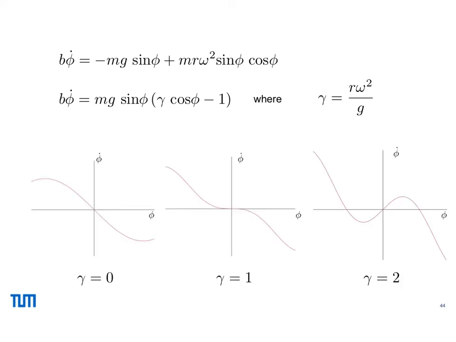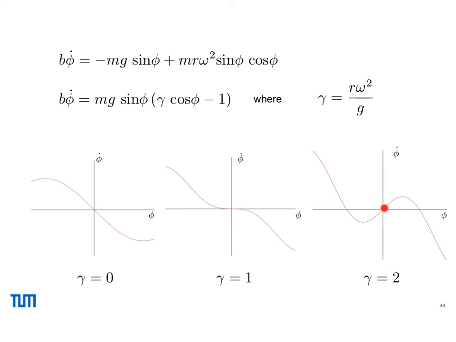When we plot this in Desmos, I already did it and put the figures here. We have something like this. For gamma equal to 0, we have the fixed point, and this fixed point is stable. I mean we have no rotation, so the bead is at the bottom of the ring. Here is the moment when the fixed point at the bottom of the ring loses stability and becomes unstable, and for larger values, let's say gamma equal to 2, we have 2 additional fixed points.